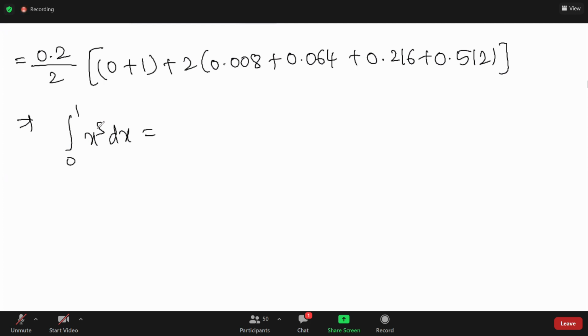What is the answer? Integration from 0 to 1 x cube dx is equal to, very good, 0.26.